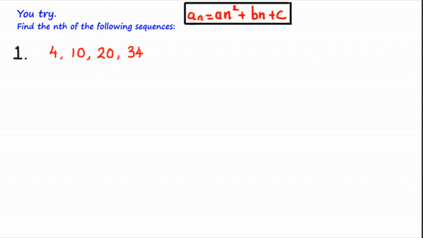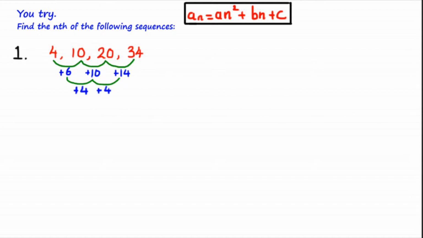Okay, all right, so let's go through this question. All right, so the first difference in this sequence is 6, 10, and 14. The second difference is 4 and 4, okay? And as it's constant, it means that this is a quadratic sequence, all right?